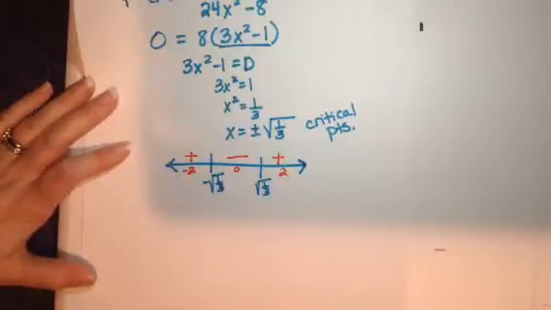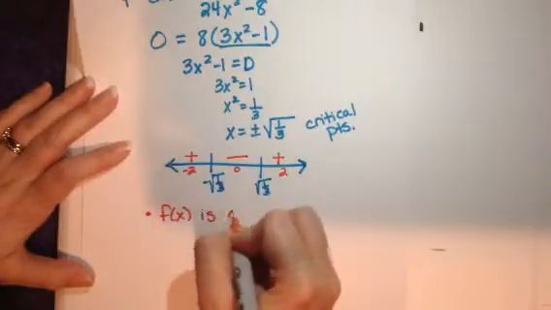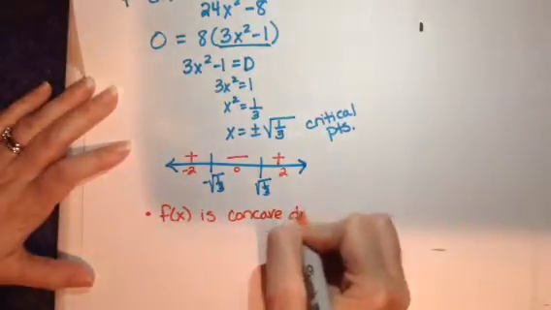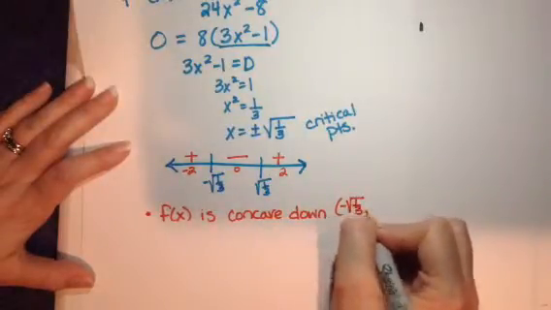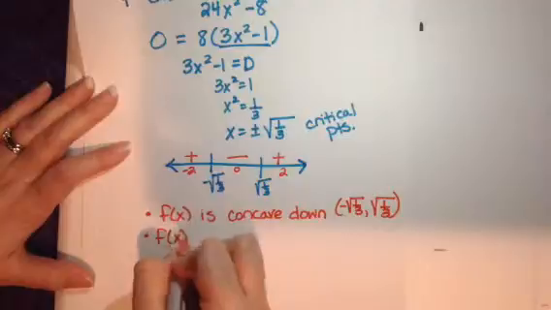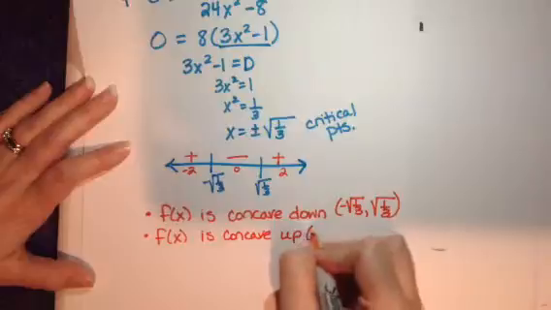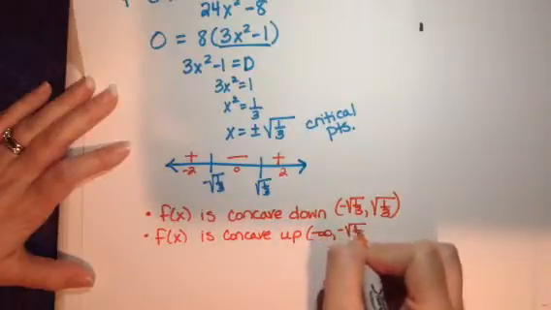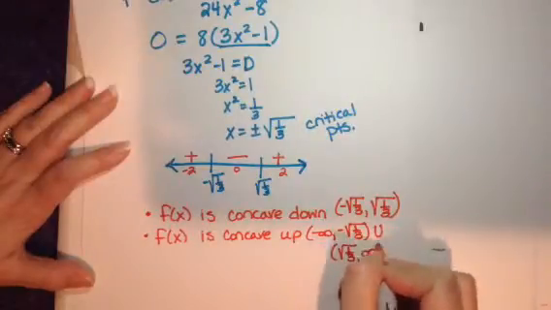All right, therefore, I know some things about f of x in even more detail, not just maxes or mins and increasing and decreasing. Now I know that f of x is concave down on the interval from negative square root of 1/3 to the square root of 1/3. And I know that f of x is concave up from negative infinity to negative square root of 1/3, union square root of 1/3 to positive infinity.